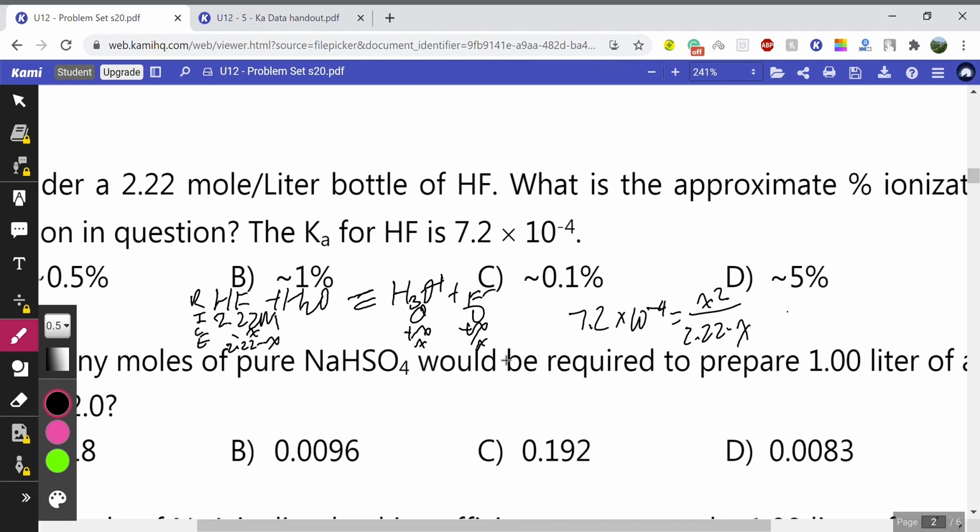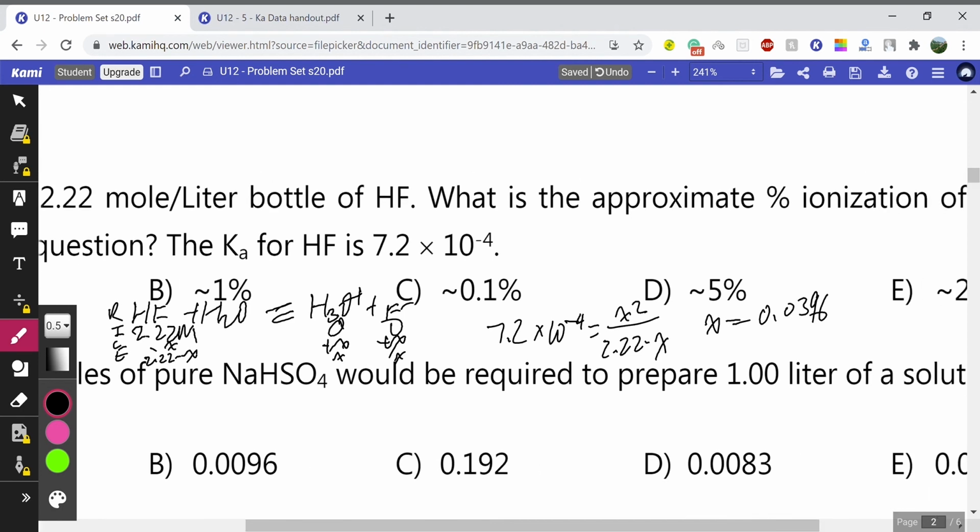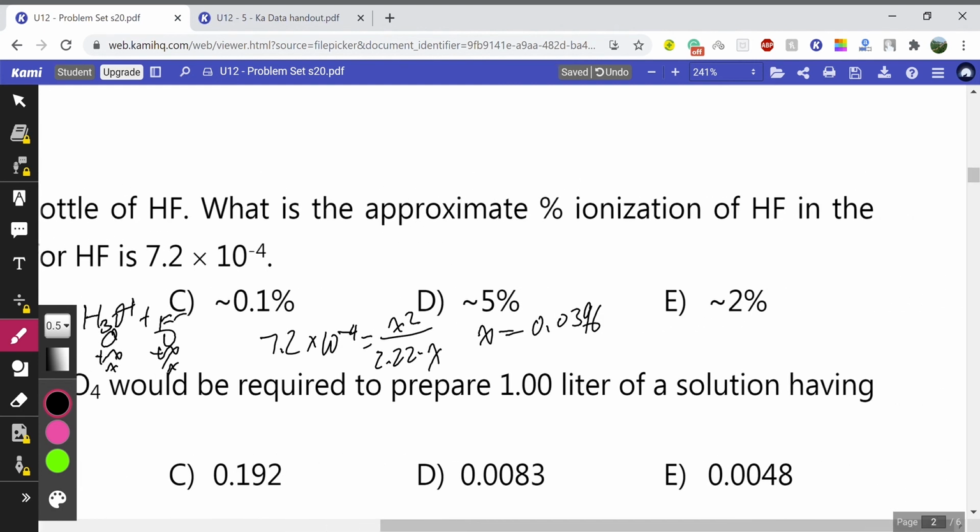We can get X as 0.0396. Now we need to use this number, 0.0396, divided by our initial, which is 2.22 molar, and don't forget to multiply by 100 to find the percentage.